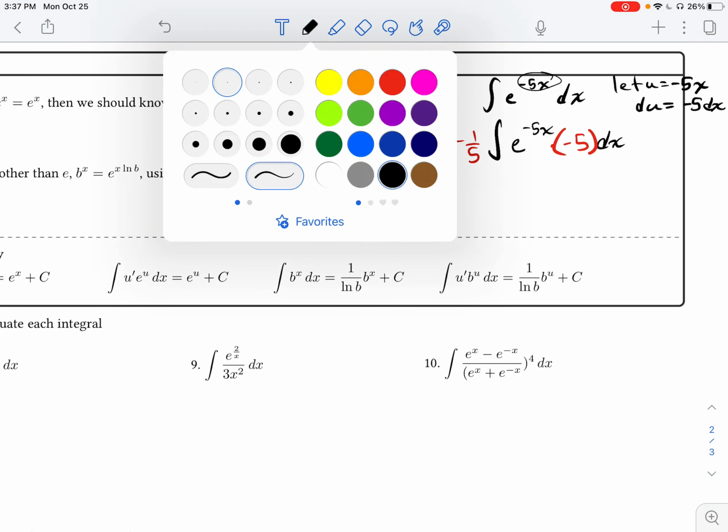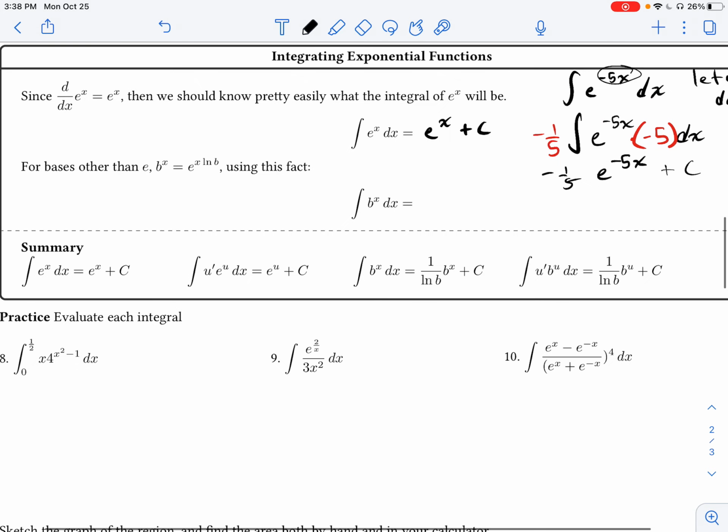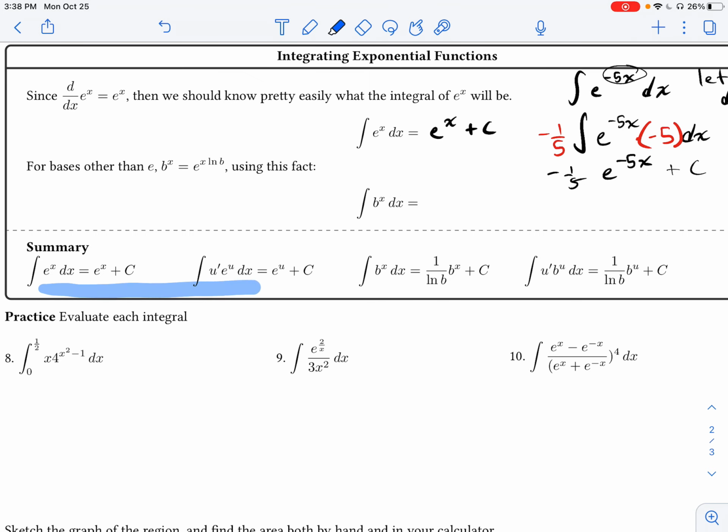Well, if that's the case, now I can just say negative 1/5 times e to the negative 5x, because the integral of e to the u is just e to the u, as long as I have the derivative of u in my integrand, all of that plus c. Okay? And so that formalizes these two rules that we have there.